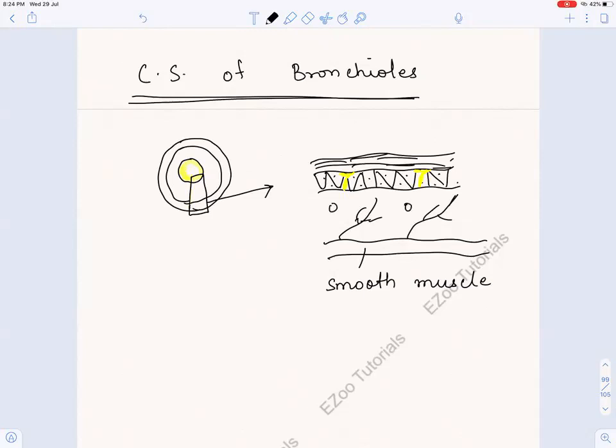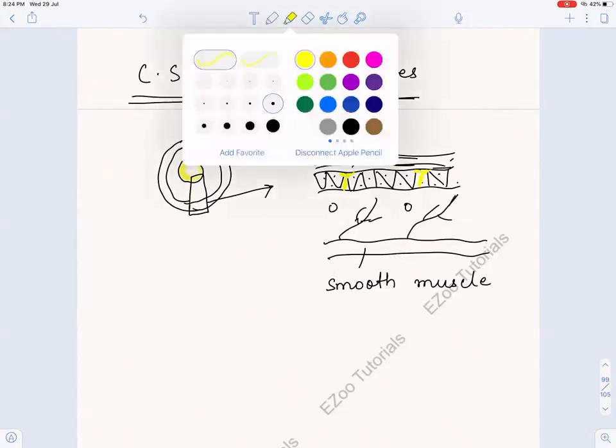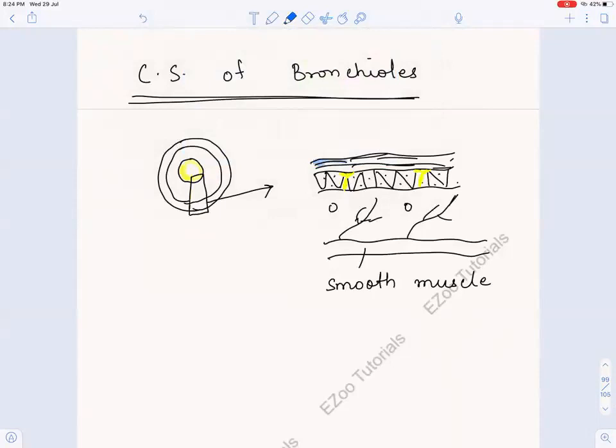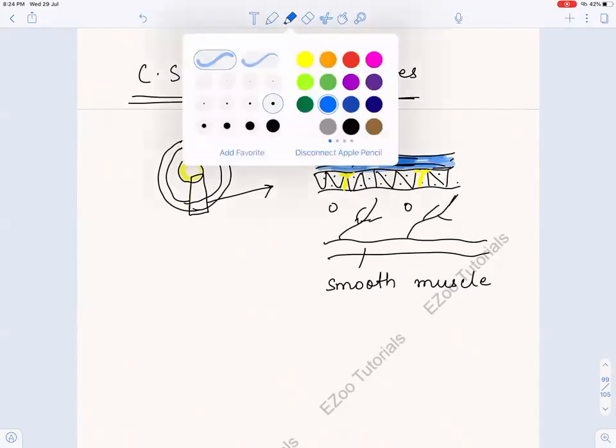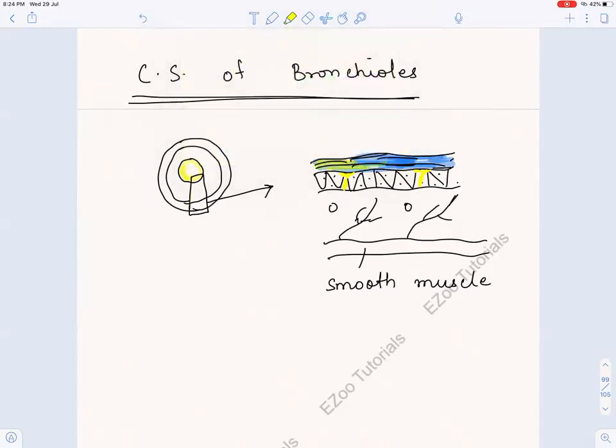Okay, so now let me label it. This is the mucus. Generally I have drawn mucus with yellow, so I'll draw it with yellow. It is the layer of mucus that we have drawn, and smooth muscle, lamina propria.